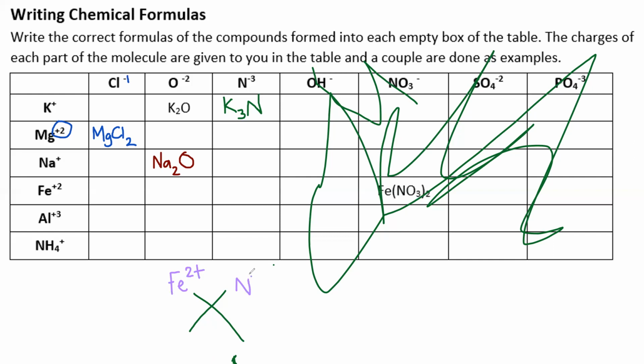So crisscross. Iron takes on the number associated with the charge of nitrogen, which is 3, and nitrogen takes on the 2. So that's basically how we'd write that out. So then you would go Fe3N2. We'll just quickly do aluminium, and then we'll go to the next slide.